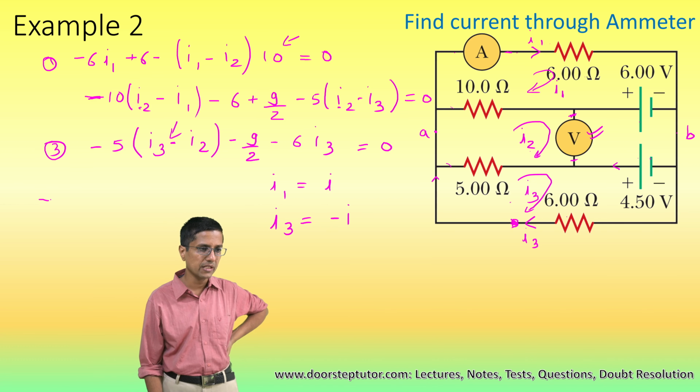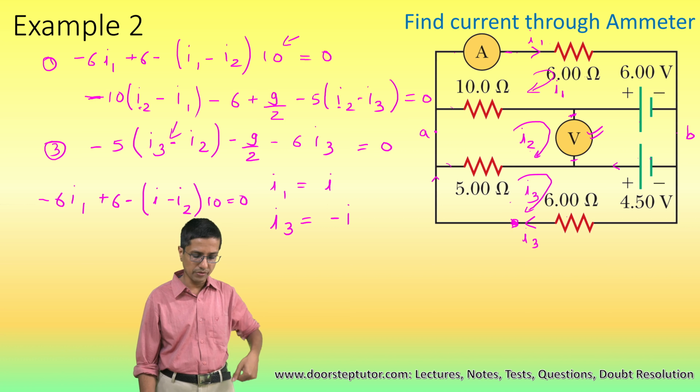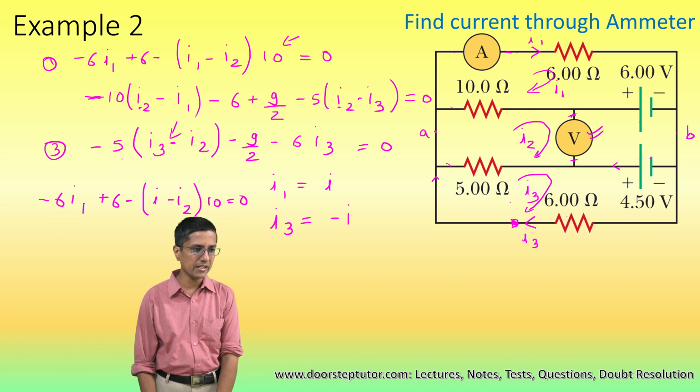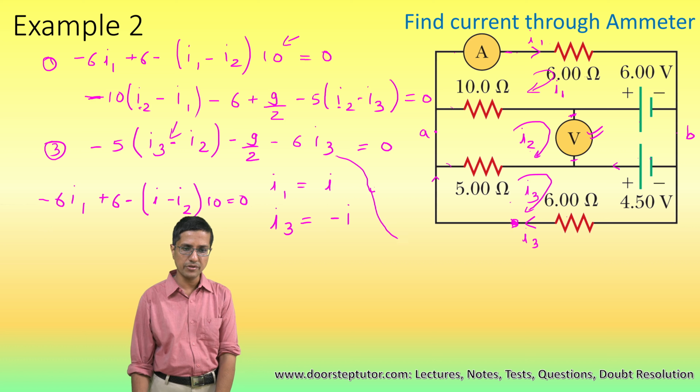So this becomes minus 6 I1 plus 6 minus I1 is actually equal to just I minus I2 into 10 is equal to 0, and the second one is this one, which becomes, okay, so we'll just write it here, so that I don't cover the board.